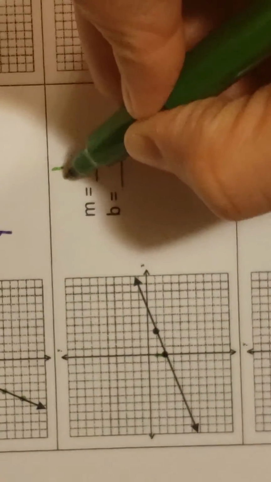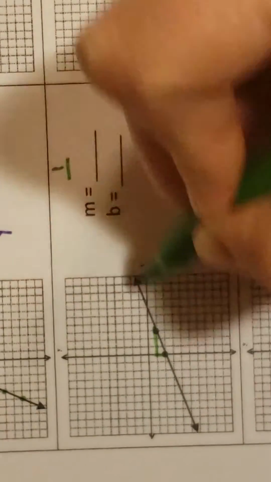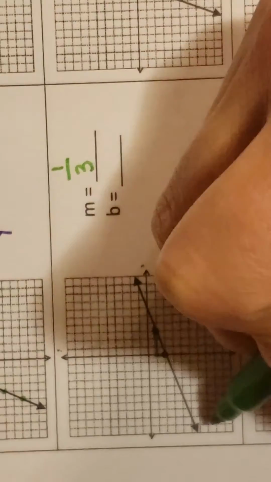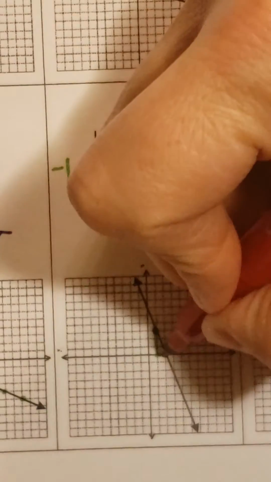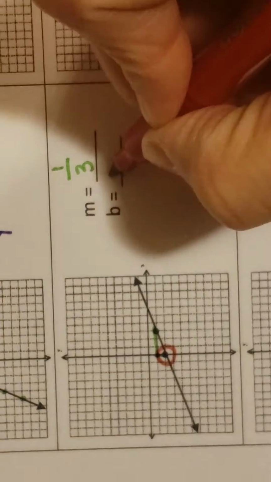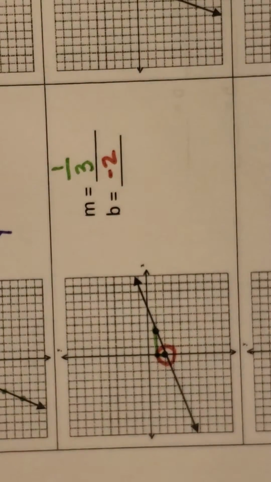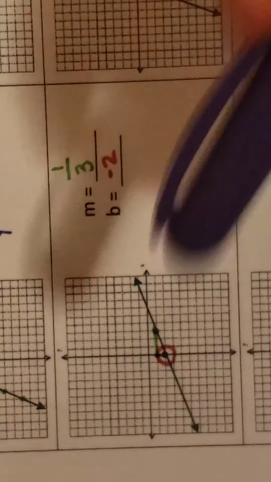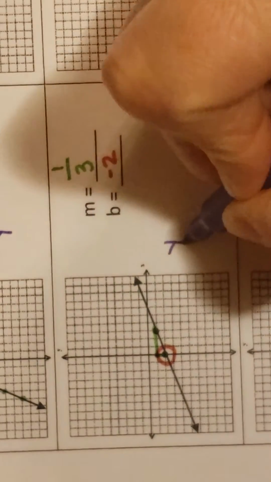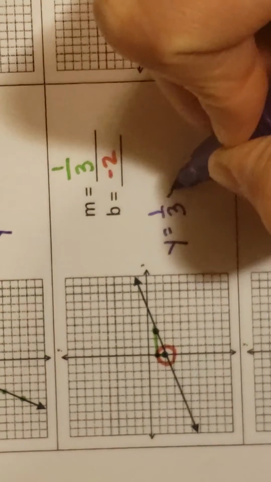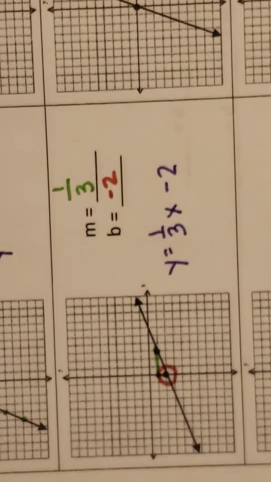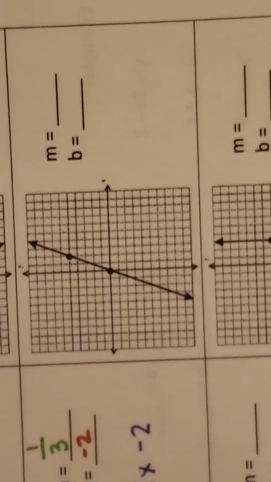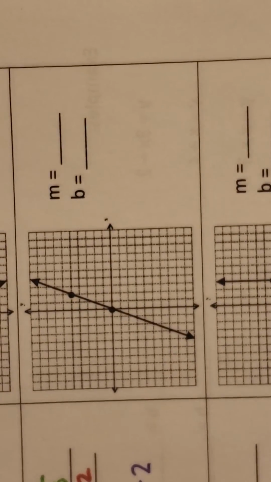That's positive 1 over positive 3, which makes sense because this is a positive slope. The intercept is at negative 2. So then the equation would be y is 1/3 of an x minus 2. Great. Okay, try the next one without me. You can do it.